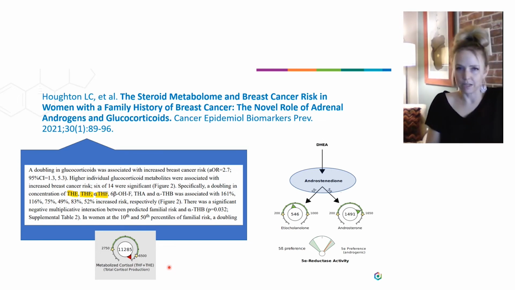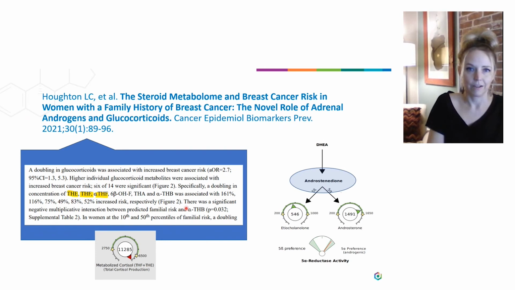The increase in these cortisol metabolites, or a doubling of these cortisol metabolites, constituted a pretty high 161%, 116%, and 75% respectively increased risk. Anyway, that's pretty significant. So if we're looking at somebody with high urinary metabolites of cortisol, we should be thinking, oh no, this is risky.